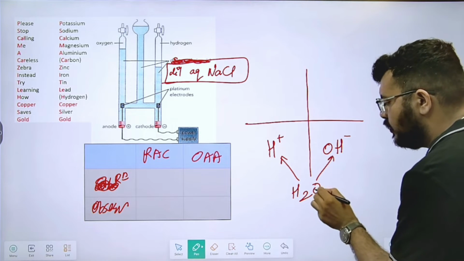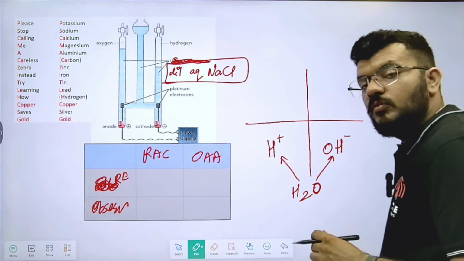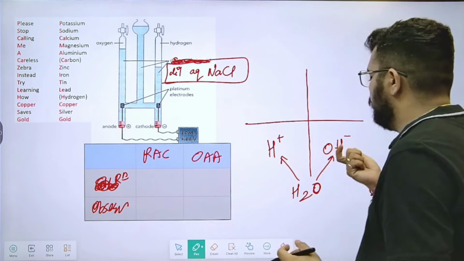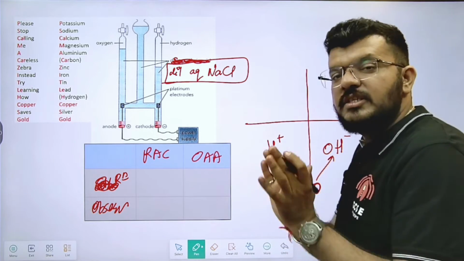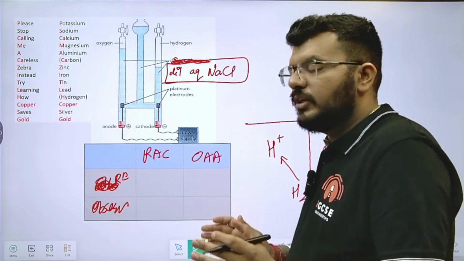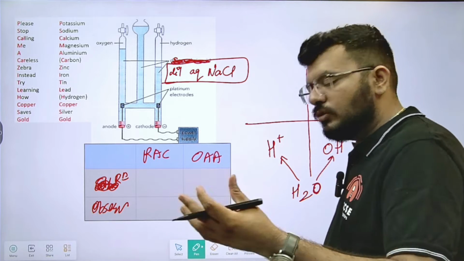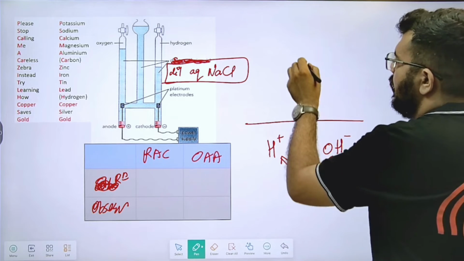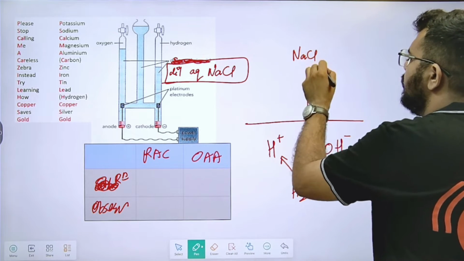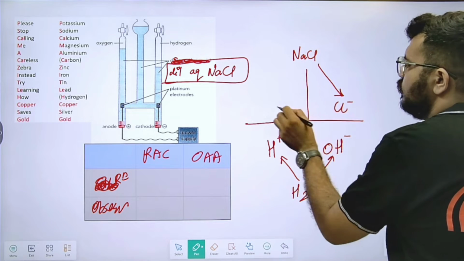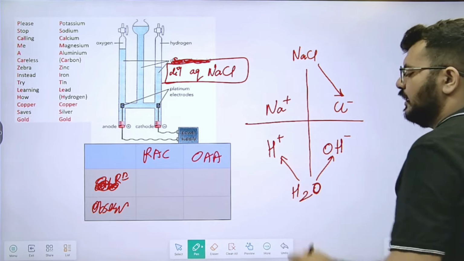When there is an ionic solid dissolved in water, water splits to H+ and OH-. When water is in its pure form, with no impurities and no additions, it stays as a covalent compound, although polar, right? And sodium chloride dissociates to Cl- and Na+.